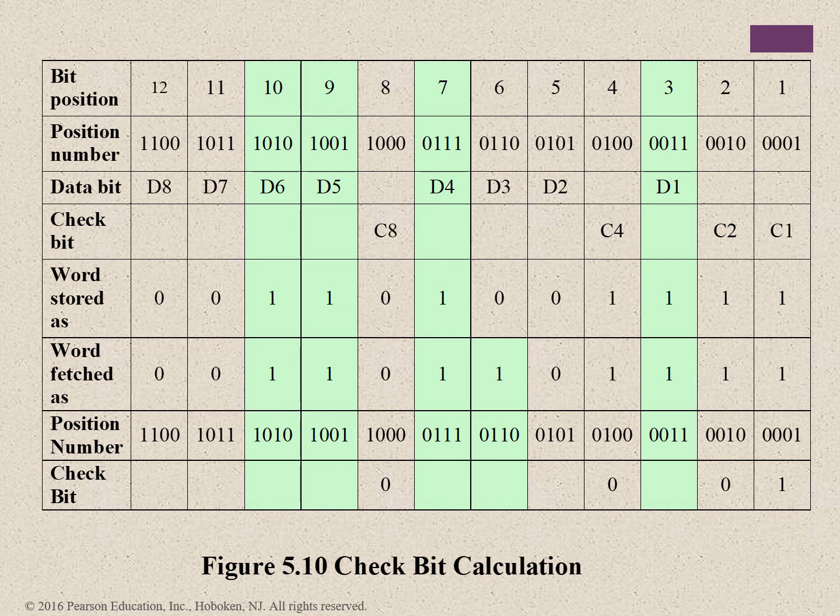Later on, after a few operations, when you fetch the bits, you get 12 bits, but they may not be the same. You are going to check whether it is the same or whether there is an error. You do the check bit calculations, identify any error, and fix the error. In this table, figure 5.10, the 12-bit data is retrieved from memory and compared to see whether there is an error, and then fixed.